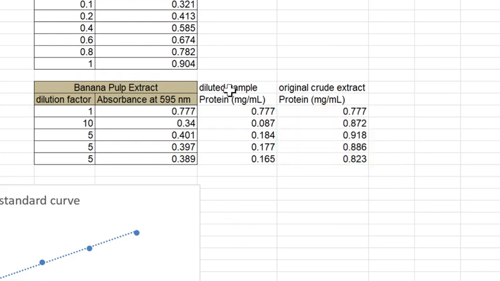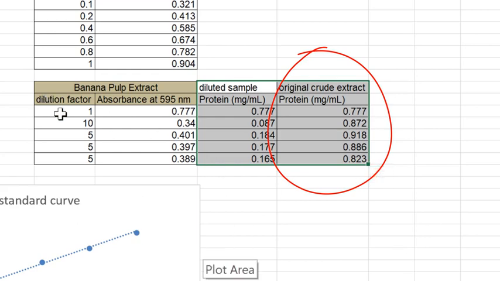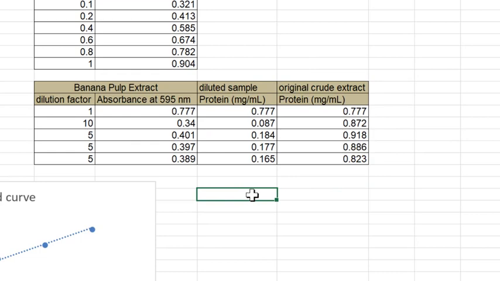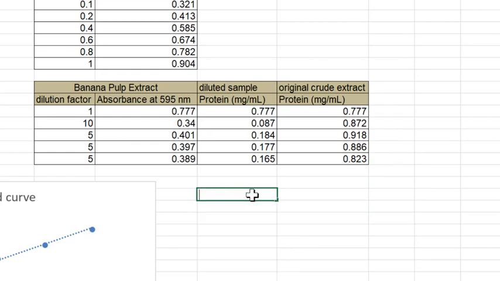In theory, all these values, after I take into account the dilution factor, should be identical, but they're clearly not. So it's time for some statistics. If you want to get the average value of all your measurements, you can use the function average.